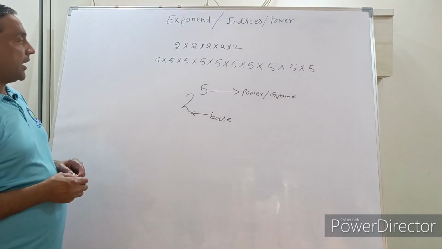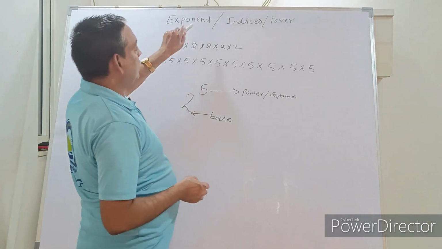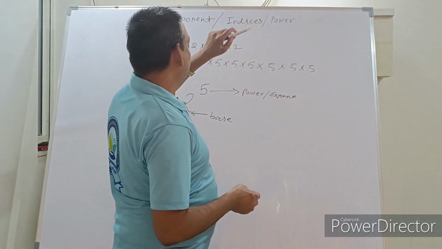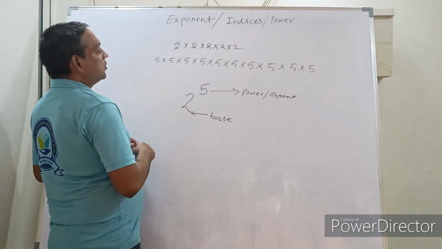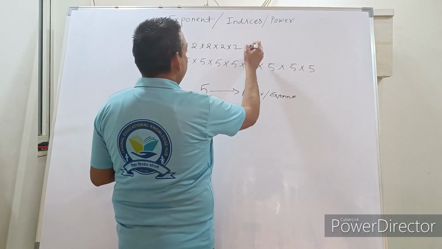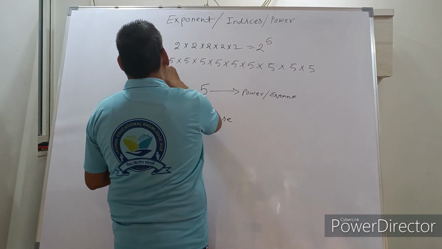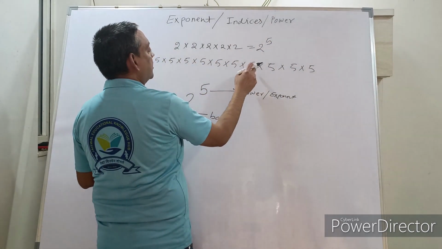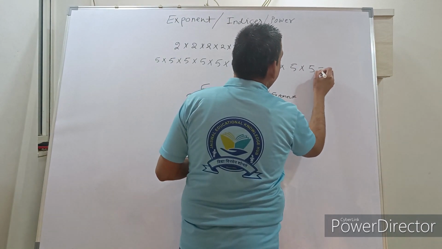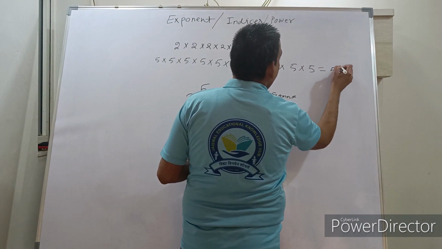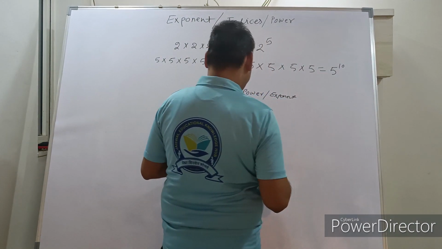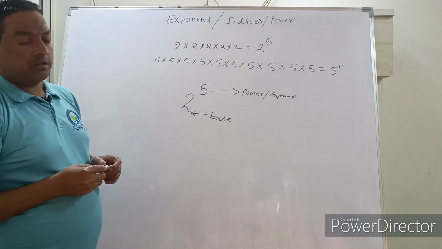So instead of writing 2 into 2 into 2 into 2 into 2, we'll simply write 2 raised to 5. This is 1 2 3 4 5 6 7 8 9 10, so we can write down 5 raised to 10. Clear?